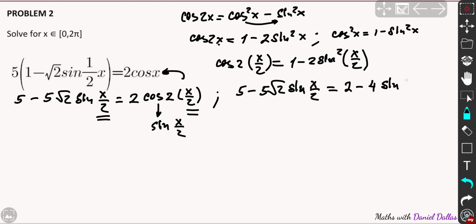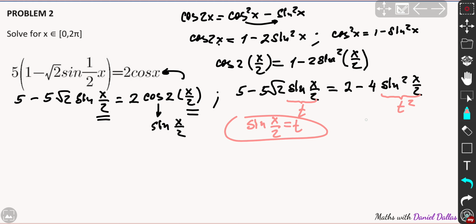Now I can see that I have sine x over 2, and I also have sine squared x over 2. And as you remember from the previous problem, we can mark it as t. So we do the substitution: sine x over 2 is t, okay? And as you remember, t should be within the range from -1 to 1.